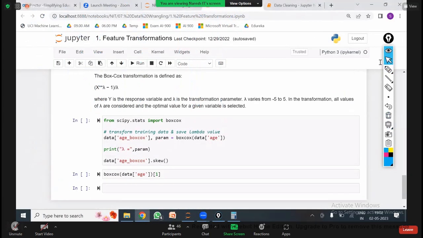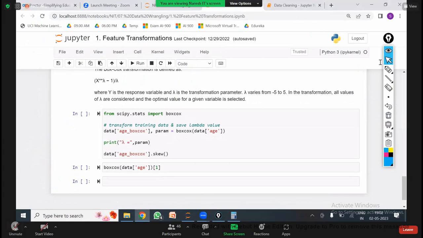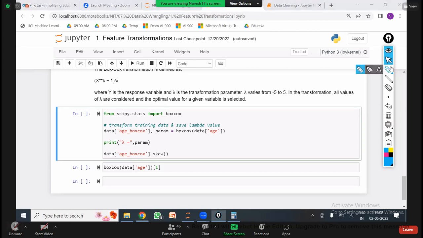So just see here, from scipy.stats I'm going to import boxcox. On the right side, just observe first, boxcox of data of age, means this input column I'm giving as input data.